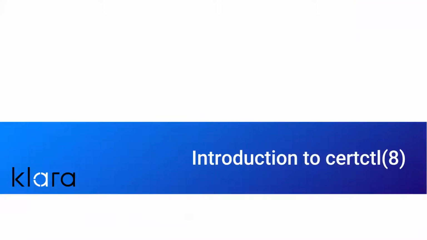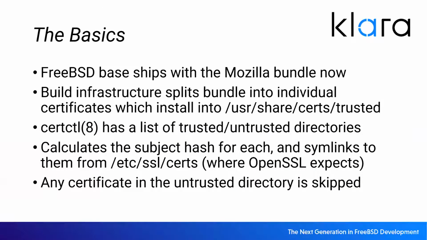So now we're going to talk about the certctl tool itself, which is kind of our solution to managing this kind of stuff. First, we'll look at the interface for it a little bit. Or no, first we'll talk about it, sorry. So we shipped the Mozilla bundle. We split the bundle that we're actually pulling from Mozilla into individual certificates into /usr/share. certctl then acts as a bridge between this and OpenSSL.